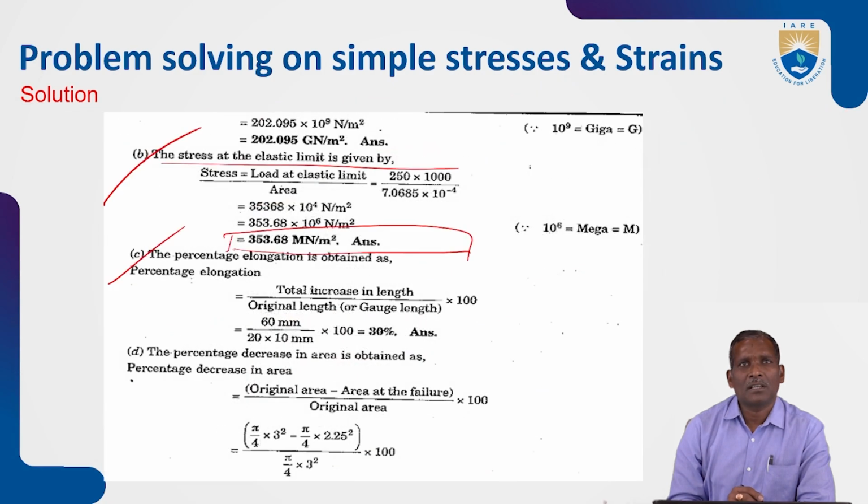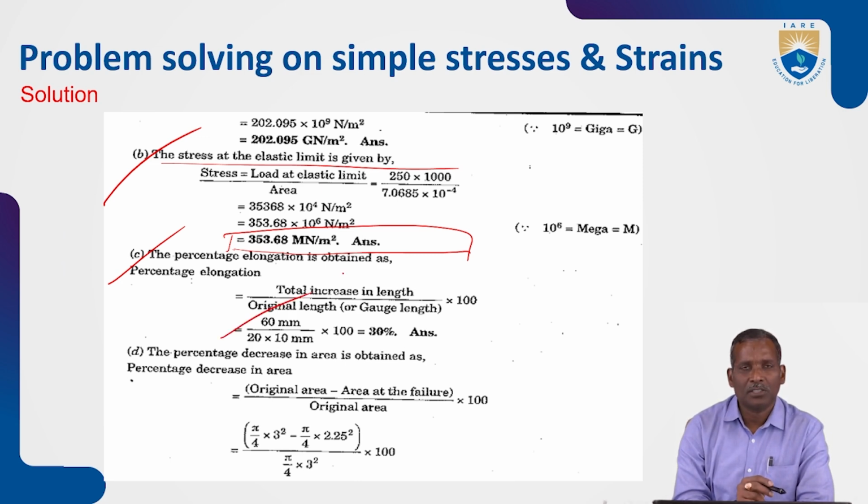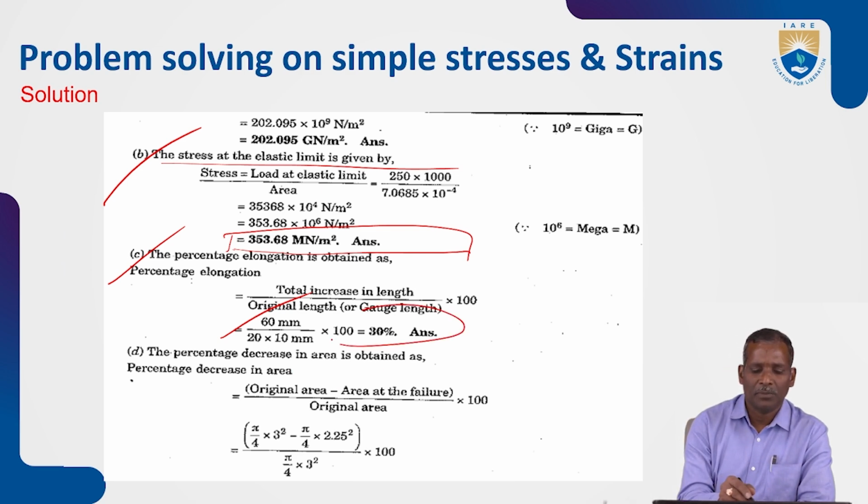The percentage elongation is obtained as total increase in length upon original length. That is called the gauge length. What is the original length of the rod? The total increase in length is 60 mm by original length 20, so convert into mm: 20 into 10, and then 60 by 20 into 10 into 100, we will get 30%.